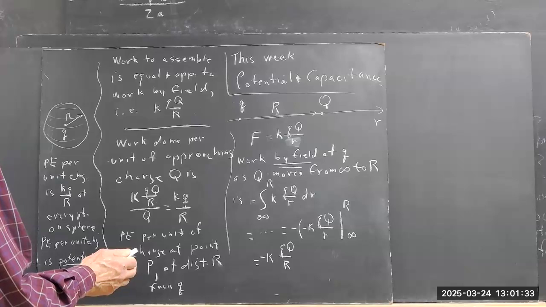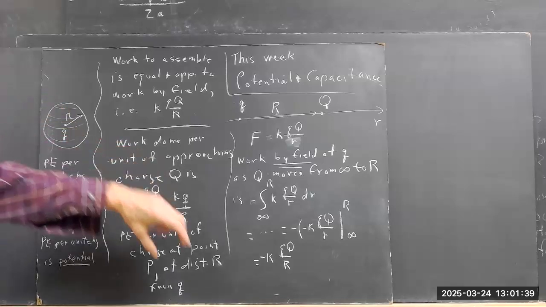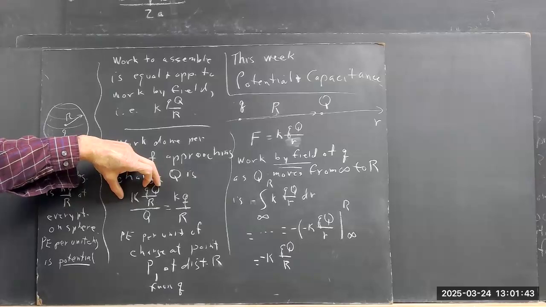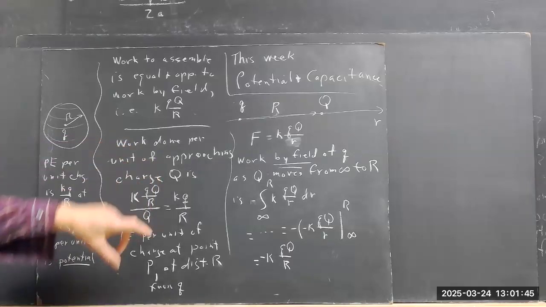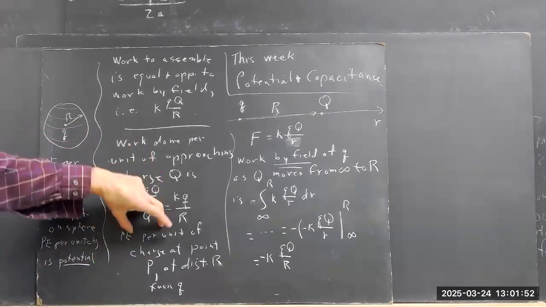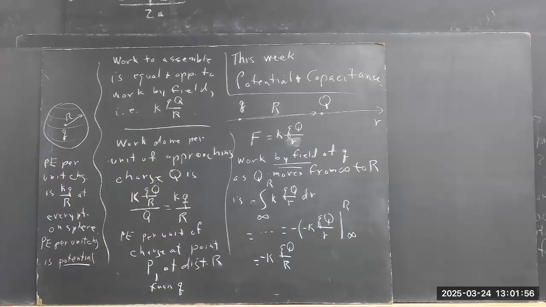What are the units? Well, this is potential energy, right? It's in joules. This is charge, it's in coulombs. So this is in joules per coulomb. And what's a joule per coulomb?